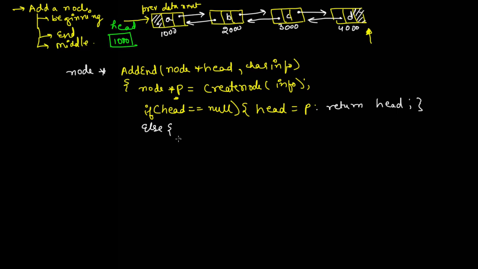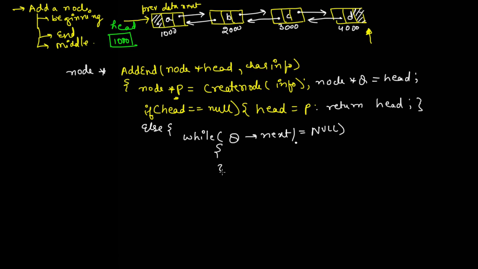Else, if the linked list is not empty, then you have to reach the end of the linked list. So it will be while, you can take one more pointer, node star q is equal to head. That means q and head both are pointing to the same position. So while q of next is not equal to null, you can do q is equal to q next.